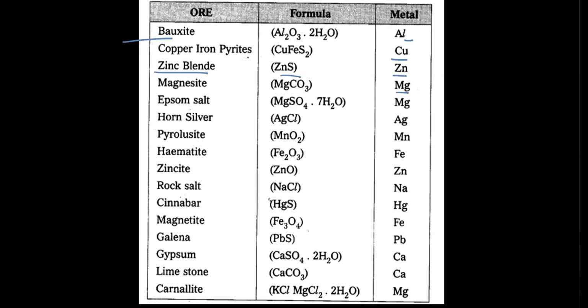So sometimes their names may be asked in the examination in objective questions, like galena or lead glance. This is also called lead glance or galena. Okay, so this is an ore for what? Magnetite is an ore for, cinnabar is an ore for. So this may be asked in the examination.